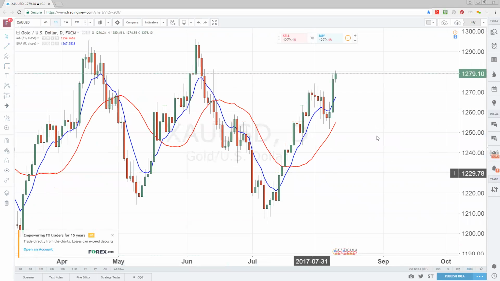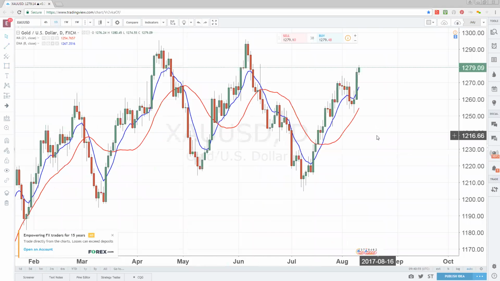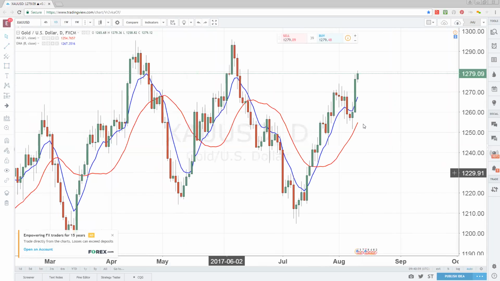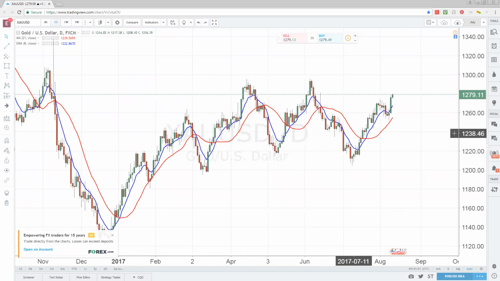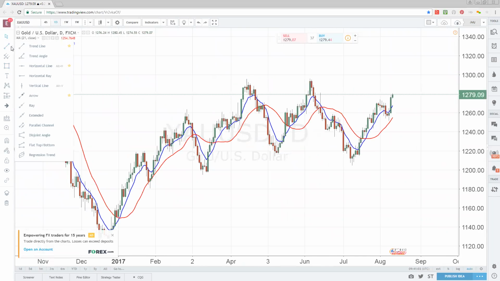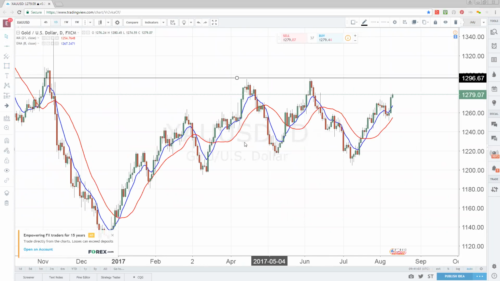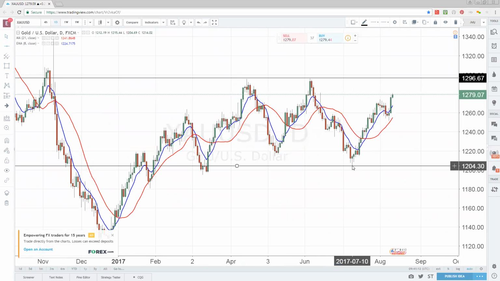This is gold, right? Now with gold, let me draw my levels here so you see what I also see for gold. First and foremost, I have resistance, support. Yeah, I can bring it down.